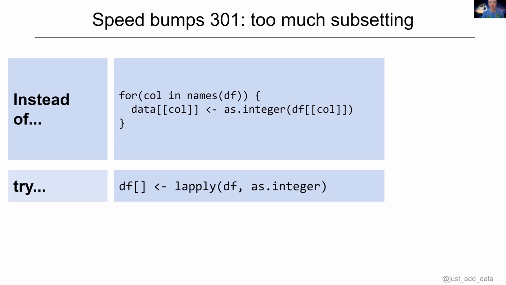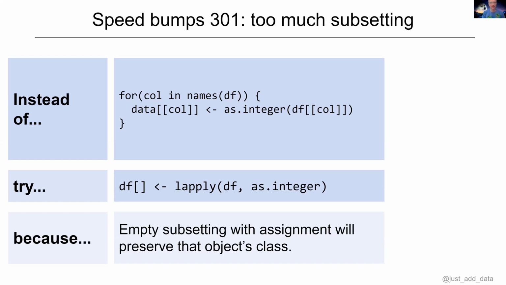This is actually kind of cool. What you can do is use this empty bracket subsetting trick, and you can still loop. Let's use an lapply in this case. You can do an lapply over your data frame, and then do your type coercion. But now you're storing it back to the original data frame using this empty bracket subsetting, and that just means the empty brackets mean preserve the class when you return the output.